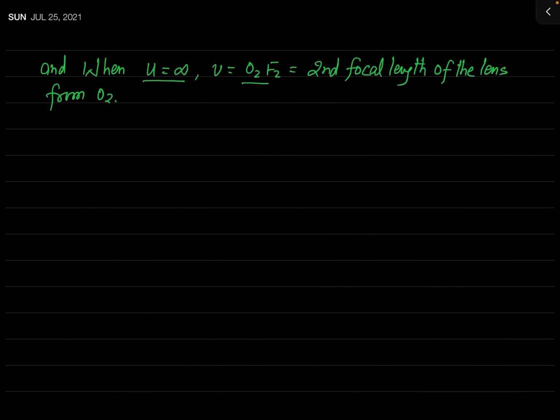So from here you can see that au will be equal to minus b, and when v is infinity, then actually this u measures the first focal length.